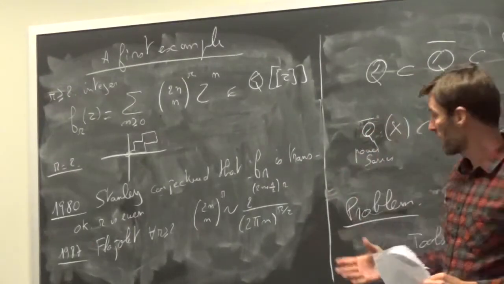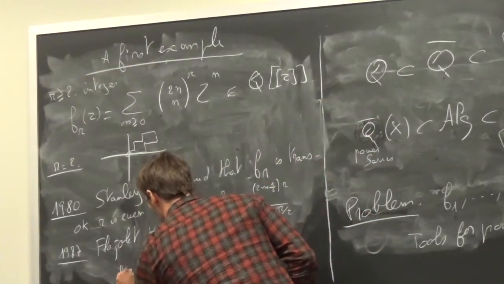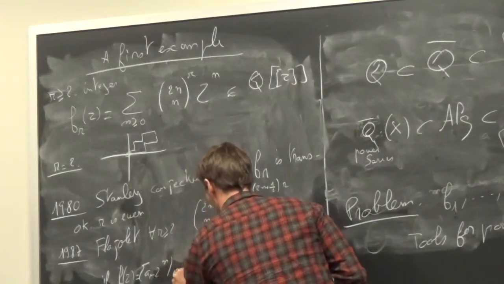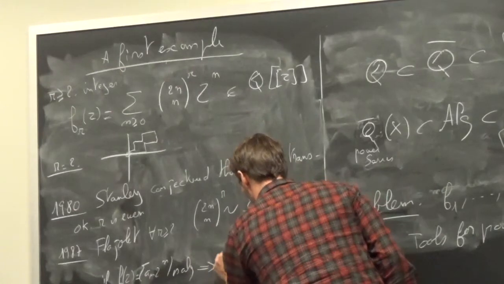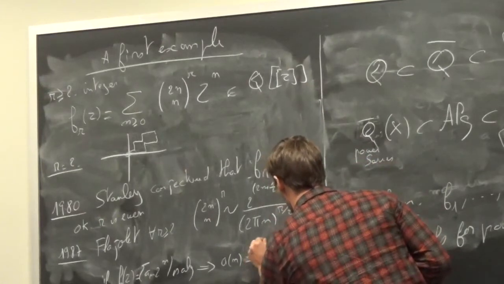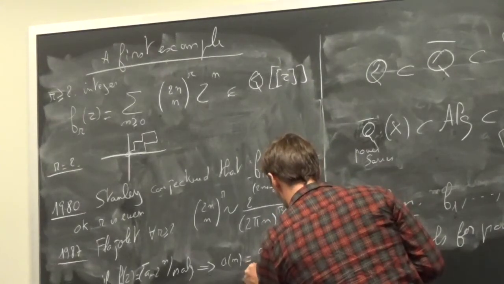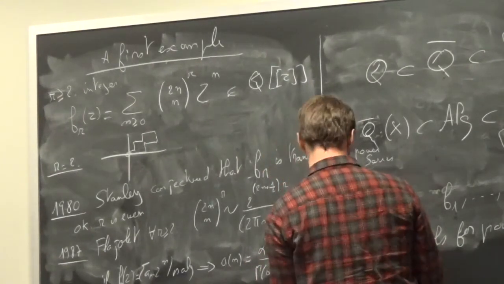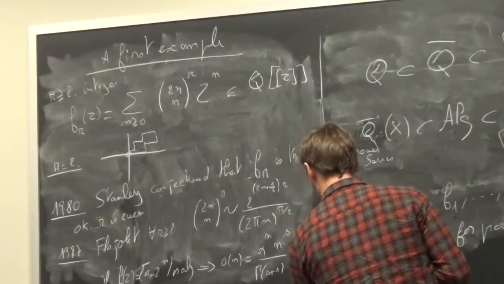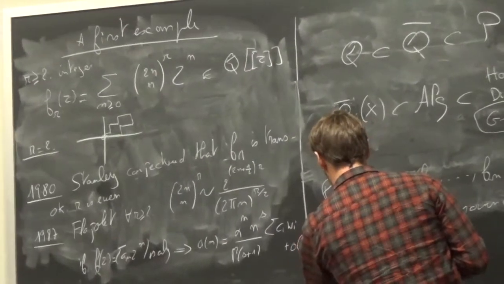On the other hand, what is known is that if the series f(z) = sum of a_n z^n is algebraic, then a_n is asymptotically alpha^n n^s divided by gamma of s plus 1, times a sum of c_i w_i^n, plus little o of n^s alpha^n.